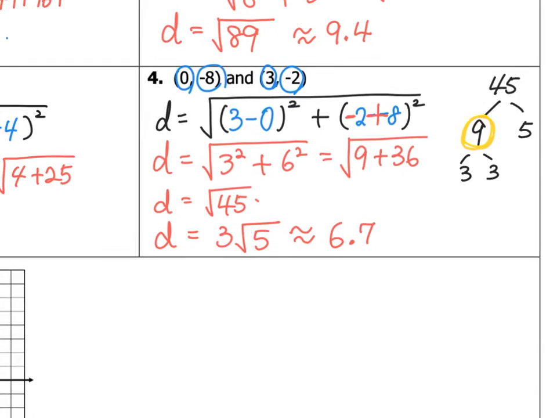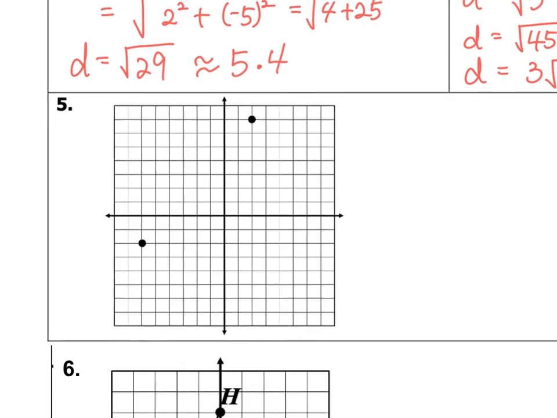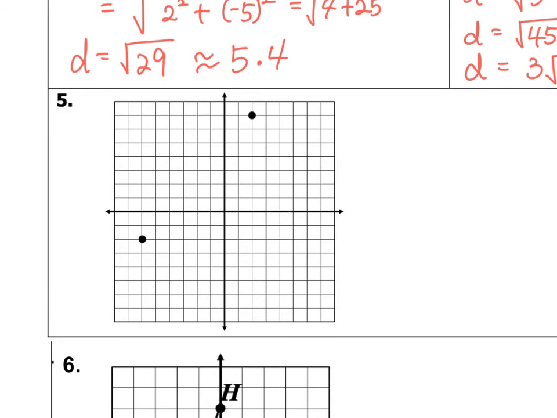Now let's practice on the coordinate plane. First, I will label each point. It doesn't matter which one you choose as the first point or second point. So on the right side, I put P1 for the first point, P2 for the second point. So the x value is 2 and the y value is 1, 2, 3, 4, 5, 6, 7.